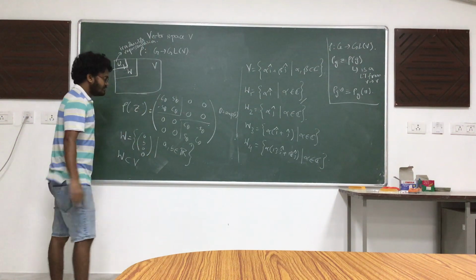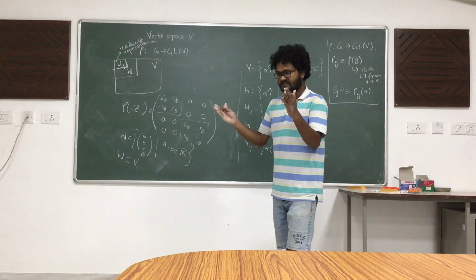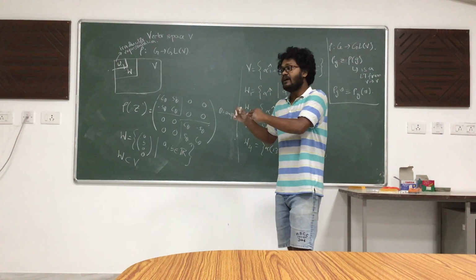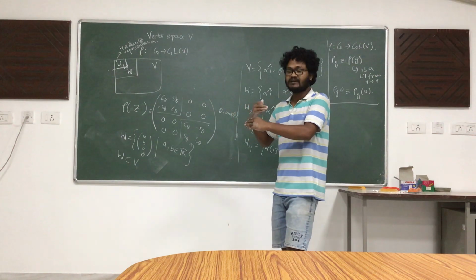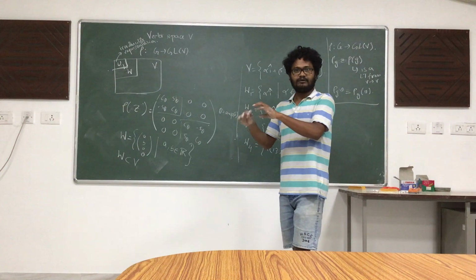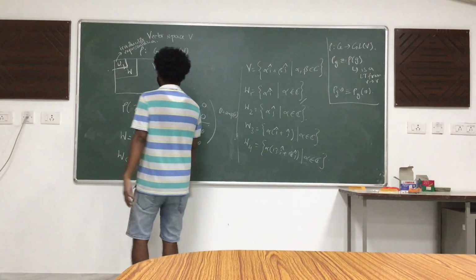So what is an irreducible representation? That means we are trying to break any representation into sub-representations, and sub-representations again. And when we cannot go further, that means we cannot find a sub-representation of a particular representation, that will be called an irreducible representation.